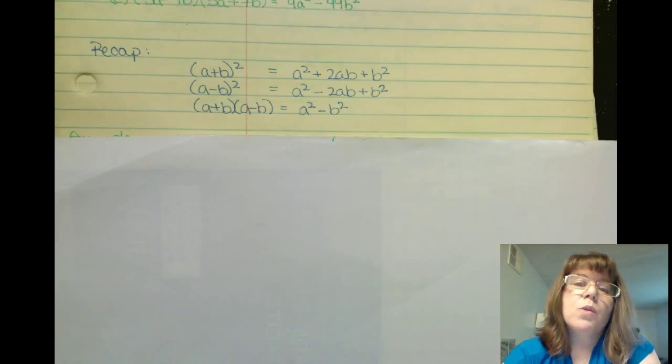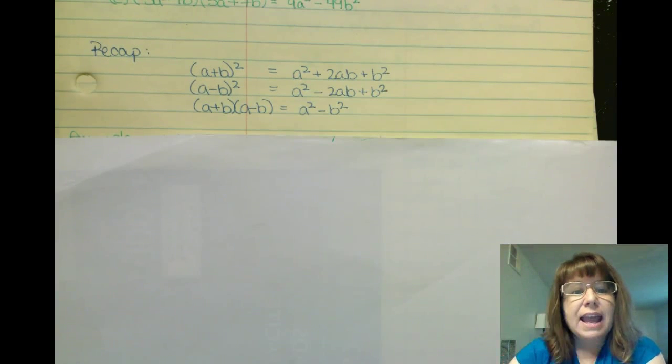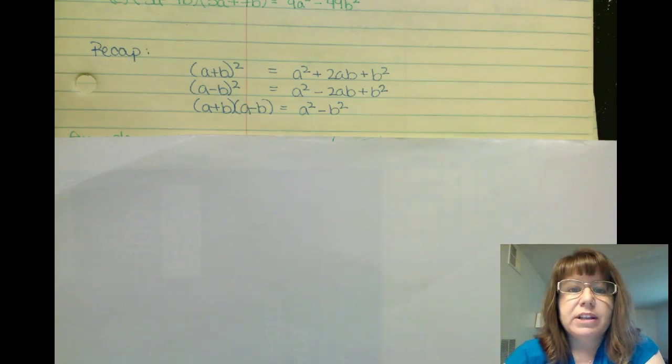Let's recap our rules really quickly. A plus b quantity squared is going to result in the first term squared plus the first term times the second term times 2, so 2ab, plus the second term squared. So a squared plus 2ab plus b squared. When we have a minus b quantity squared, the only difference is the sign on the second term is going to be subtraction, or negative.